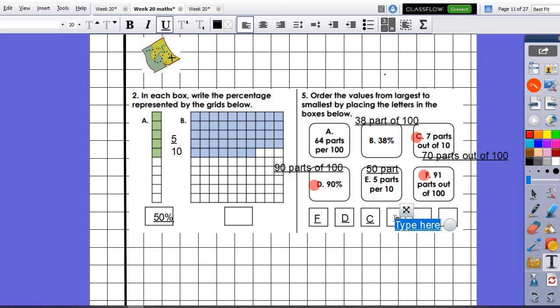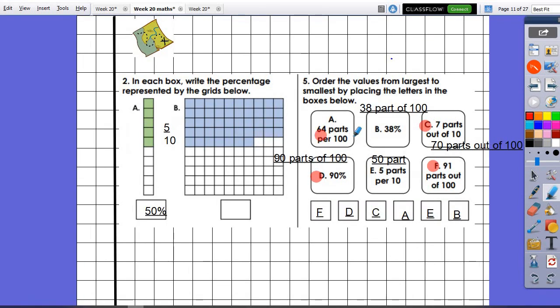Then I can see A, E, and then B. So that's how you would work those sort of questions out.